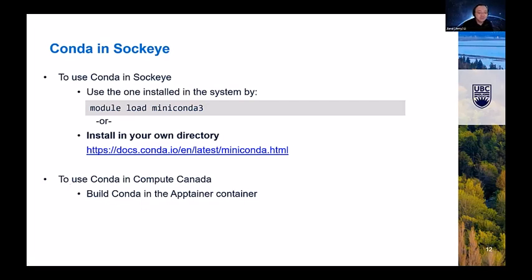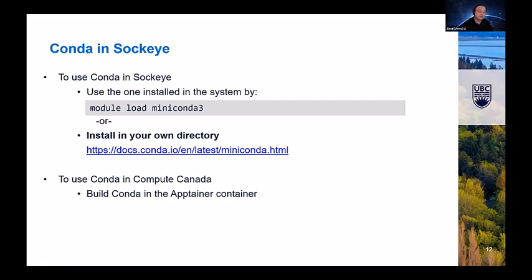Okay, so if you want to use Conda in Compute Canada or the Alliance cluster, the only way I know so far is to build Conda in an Apptainer container and convert it to a container image file. That's a single file. It has everything inside.